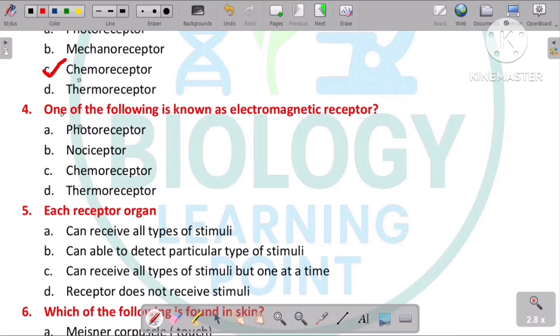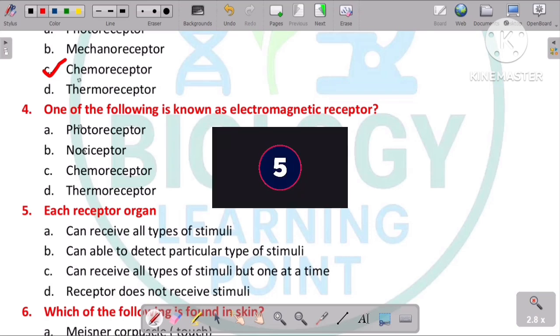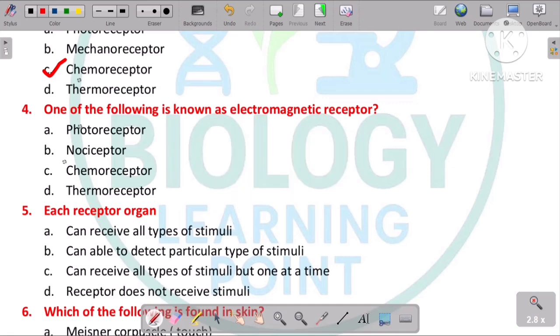So the next question is: which one of the following is known as an electromagnetic receptor? The right option is option B, nociceptor.